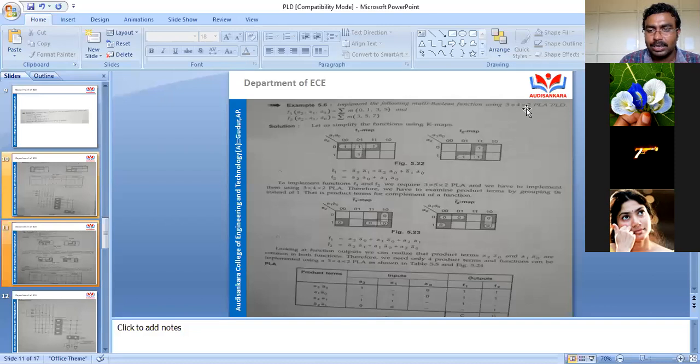If your product terms condition is not satisfied, instead of grouping ones in the given function, they have given 0, 1, 3, 5. Instead of taking 0, 1, 3, 5, I will take the remaining values to group. Instead of taking 3, 5, 7 in the second output, I will try to group other terms. Then I will check in the complementary functions whether I'm getting 4 product terms or not. Definitely you will get them if you're not getting them in F1 and F2. Then I will design the PLA program table.